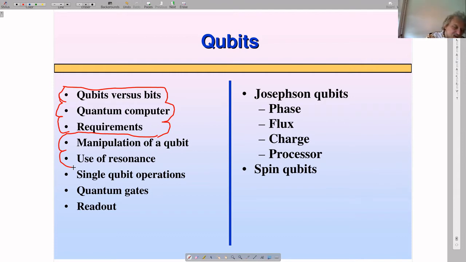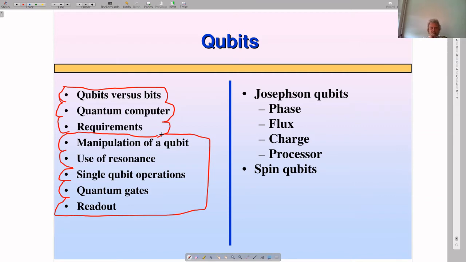And one can also talk about multiple qubits, which is necessary for quantum computing: coupling between two qubits, operating on two qubits simultaneously, which is called quantum gates. So that will be a rather general discussion, and more upon my text, rather useful.